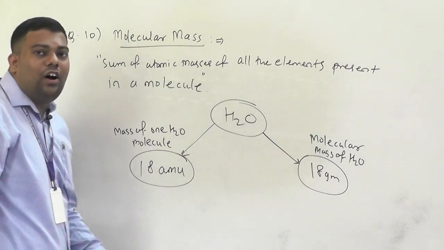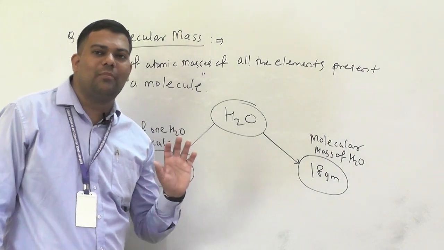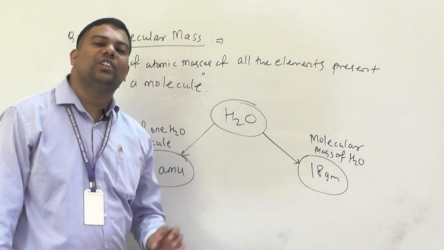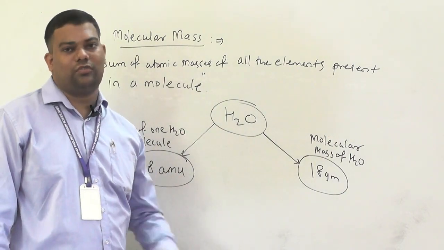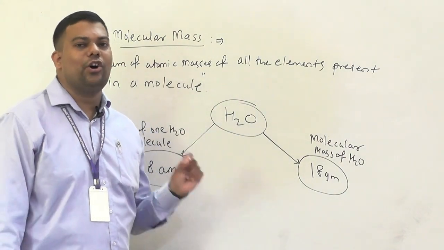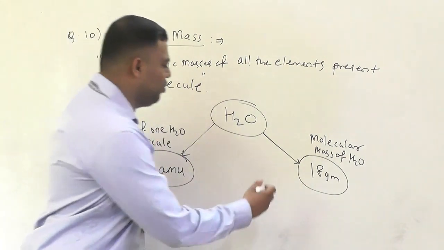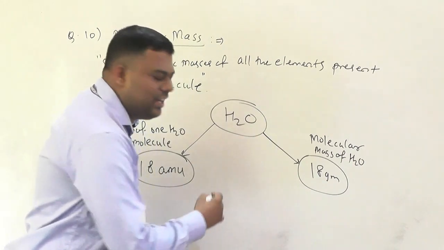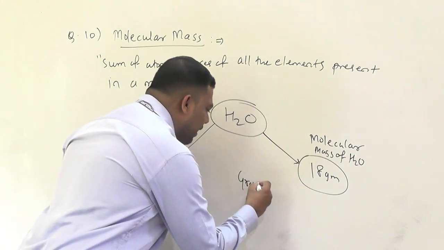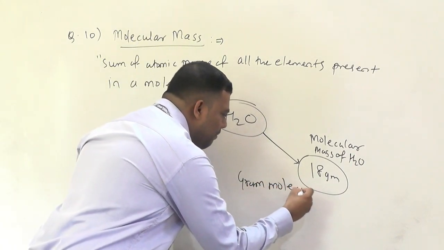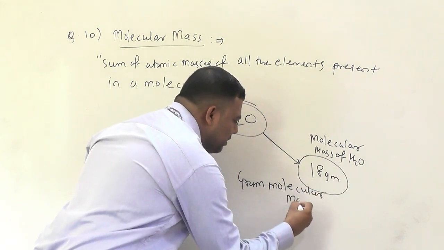So we saw in molar mass, 16 gram, that 16 gram molar mass we call gram atomic mass. And whatever 18 gram we got, another word we can say is gram molecular mass.